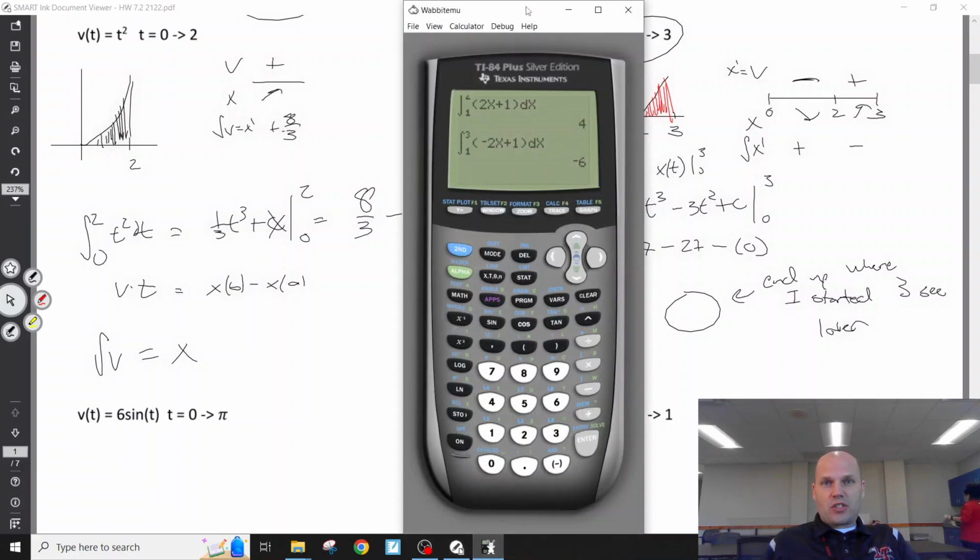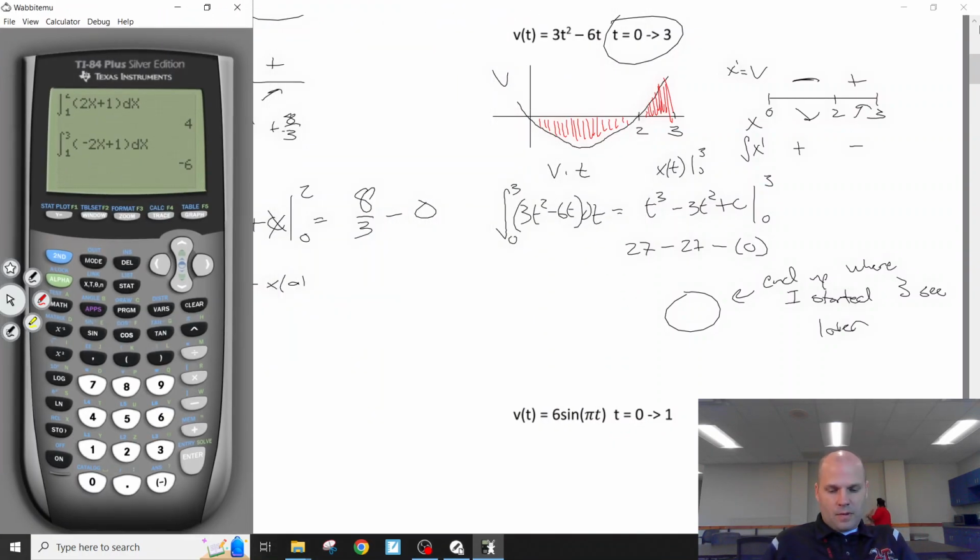Let's just confirm it, make sure I did my math right. It might be fun to actually do this in y equals 3t squared minus 6t. Let's change our window from 0 to 3. Let's zoom fit.